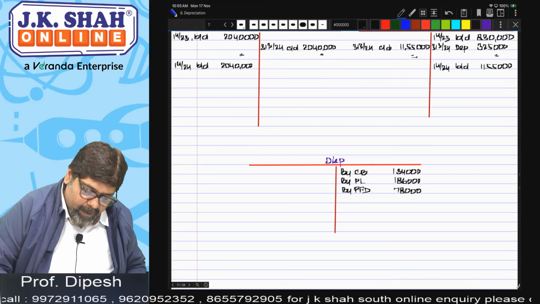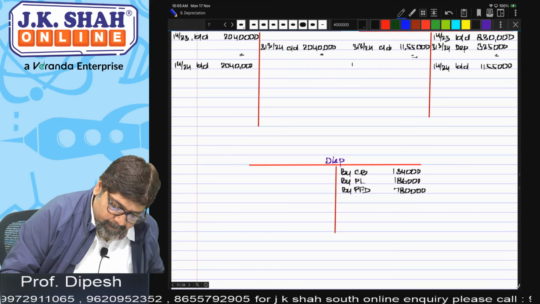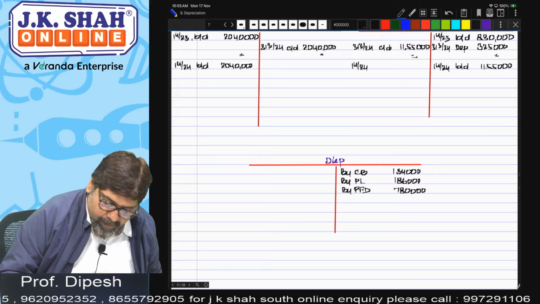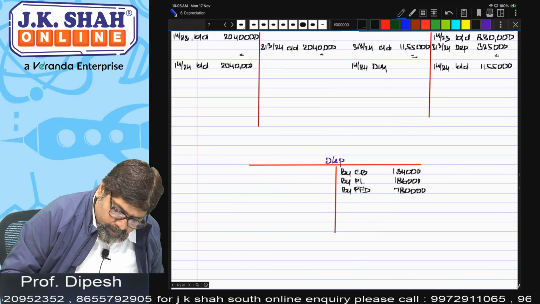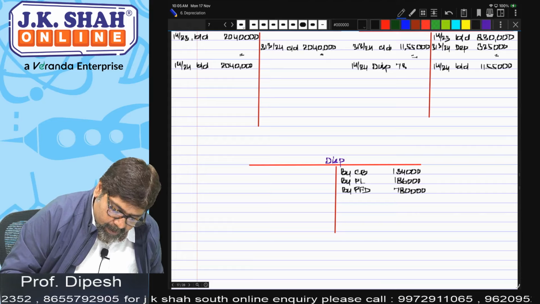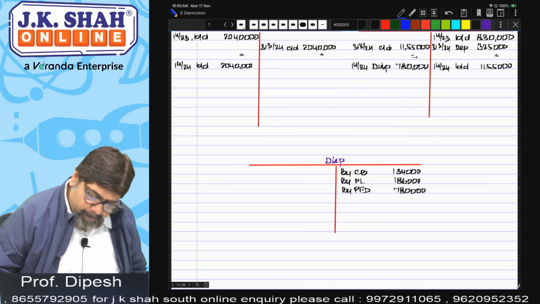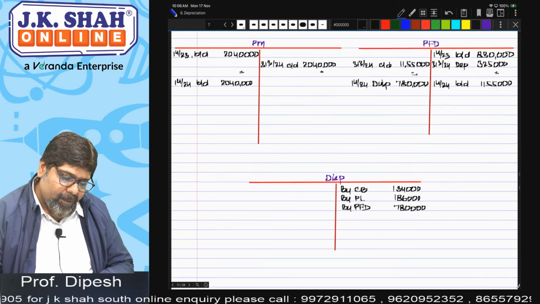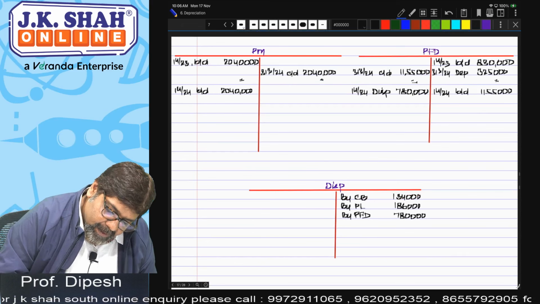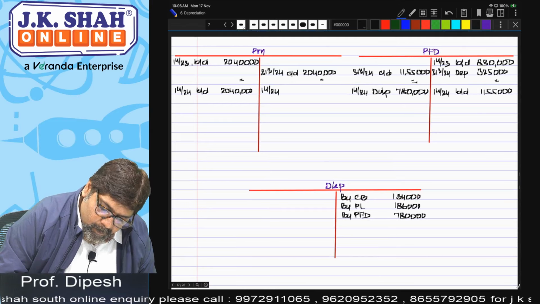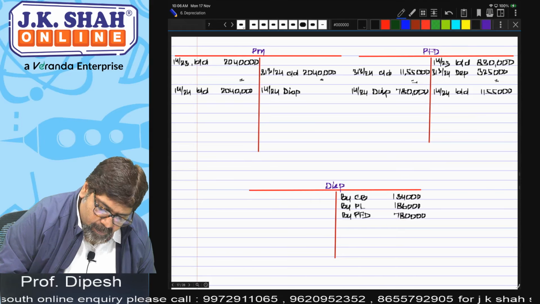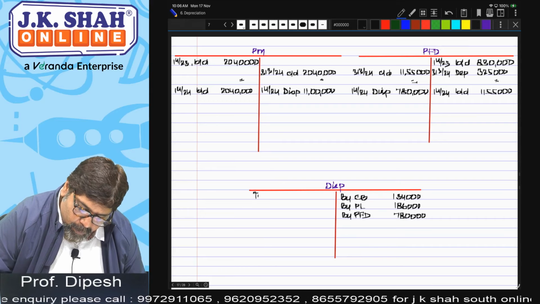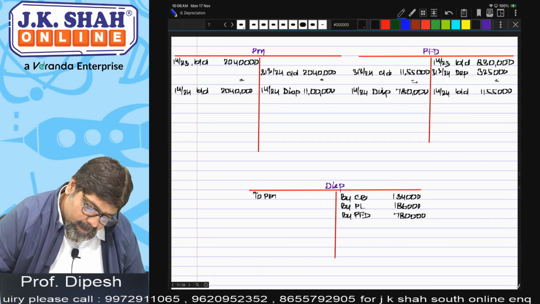Disposal mein by provision, provision mein to disposal. How much? 7 lakh 80. Then disposal to PM 11 lakhs: by disposal 11 lakhs, to PM 11 lakhs.